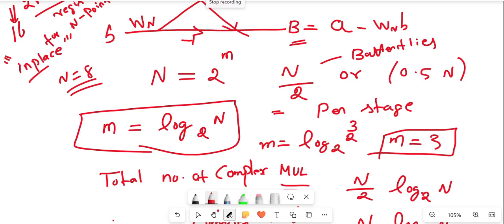In decimation in time and decimation in frequency, we will see the complete butterfly structure and take some examples to solve the problems. Okay. So, this session is very much required to understand the FFT DIT algorithms in order to compute for further problems. Okay. Thank you.